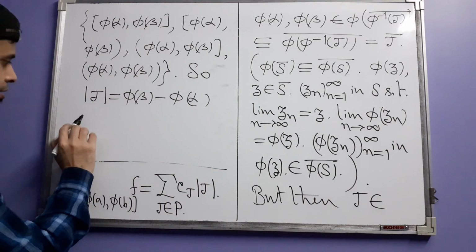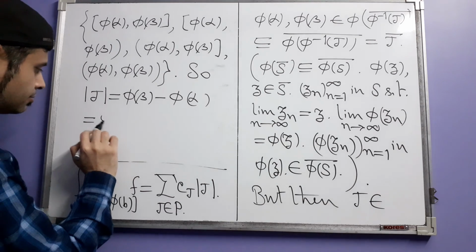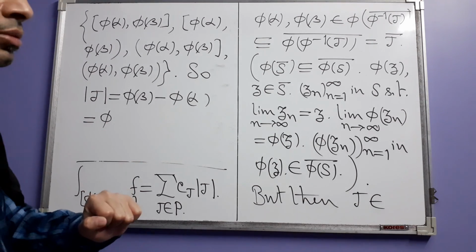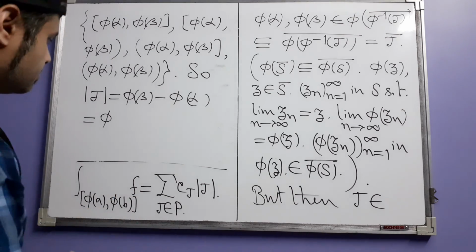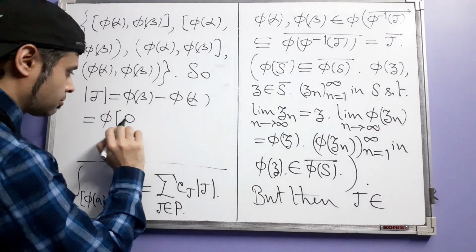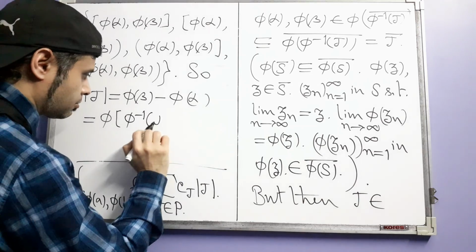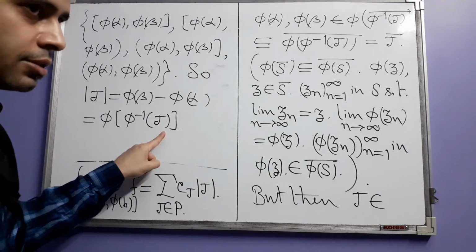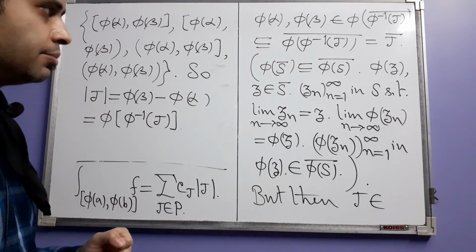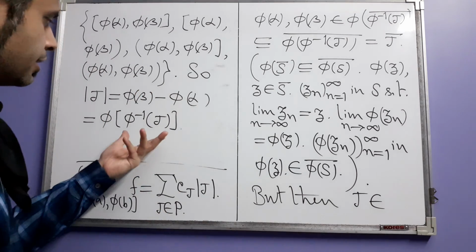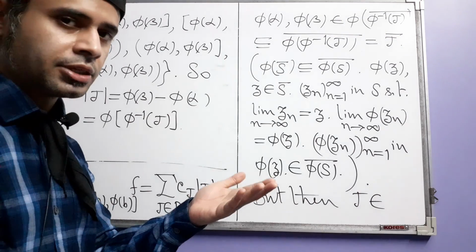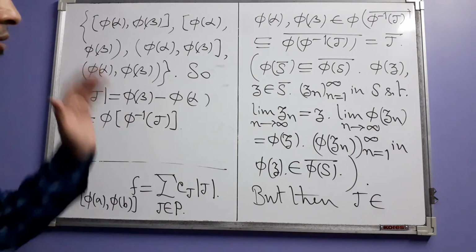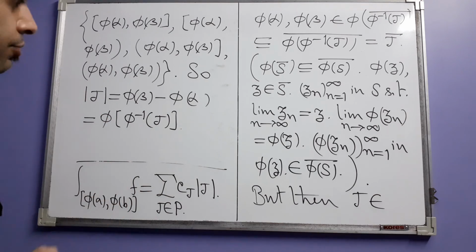However, this is nothing but the phi length of phi inverse of J. Why? Because the endpoints of phi inverse of J are alpha and beta. Yes, it's a different matter that it can be closed interval alpha beta or half open or open. And that's how we have this final claim proved.